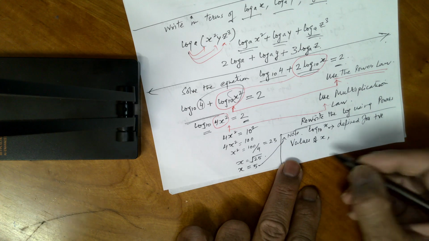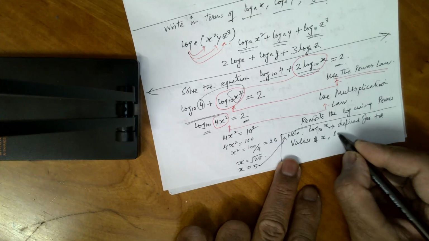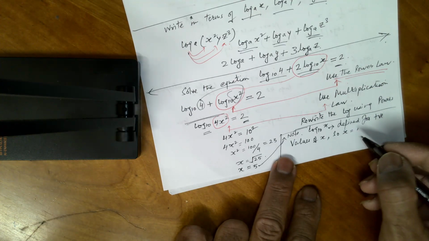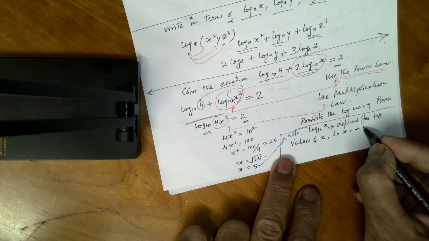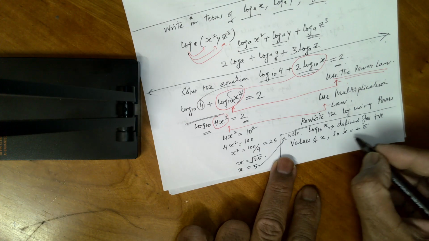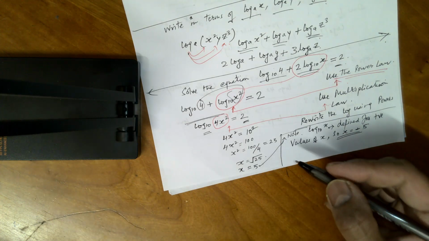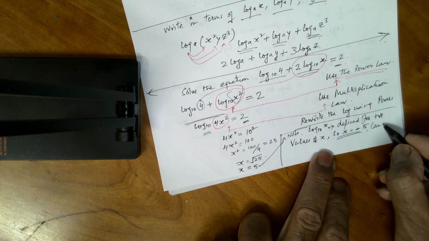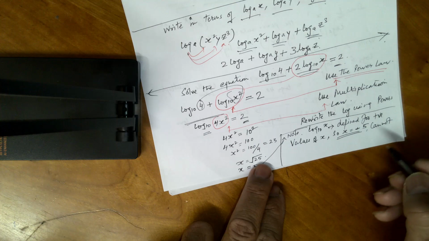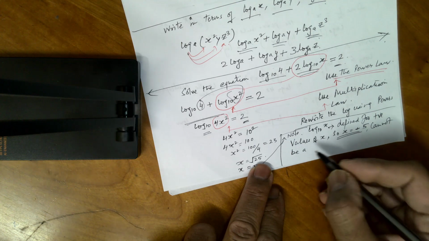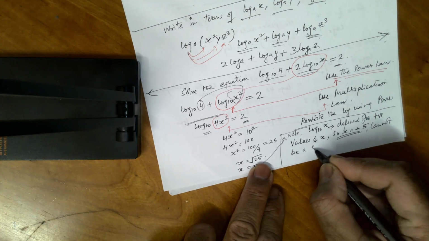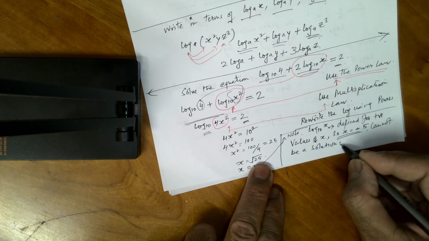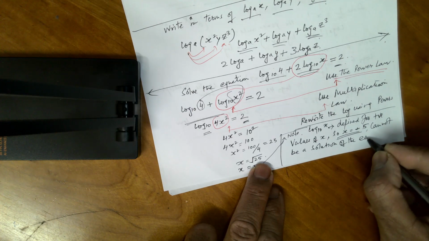Please understand that. That's why we say x is equal to 5, and x equal to -5, which we didn't mention here, cannot be a solution of the equation.